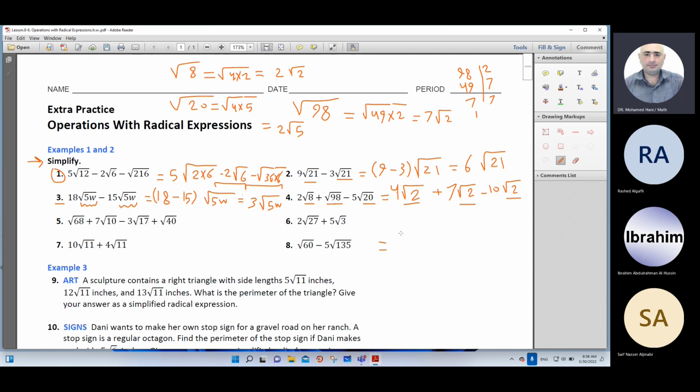Take the number who multiply by the square root, 4 plus 7 minus 10, square root of 2. Four plus 7, 11. 11 minus 10, 1. So it means square root of 2.